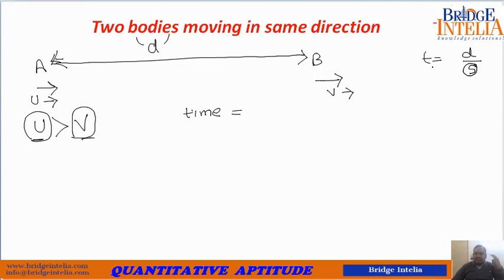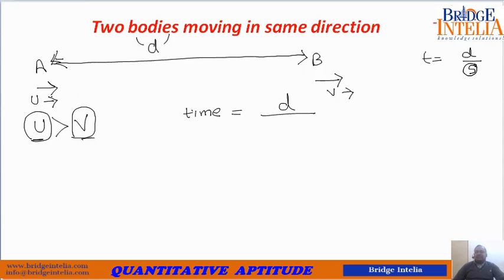Here we are dealing with two objects. So that's why we are talking about relative velocity, not about velocity. We are interested in relative velocity. So now the question is, how much time will A take to overcome B? Distance is d. There is no concept of speed, there is the concept of relative velocity.